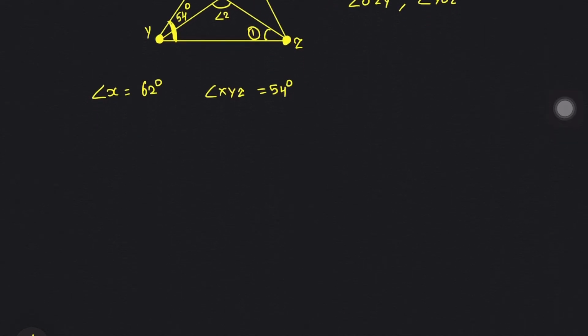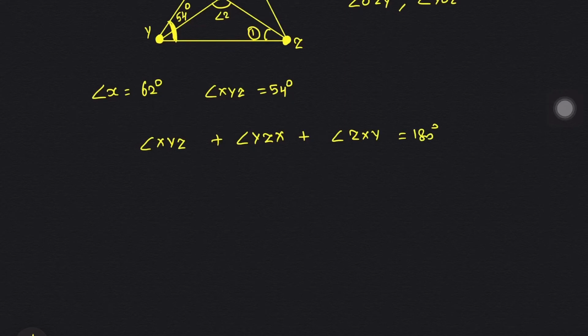So angle XYZ plus angle YZX plus angle ZXY is equal to 180 degrees.